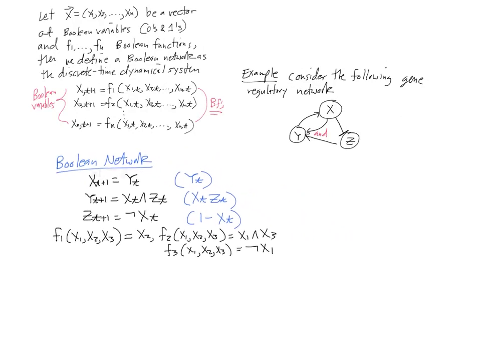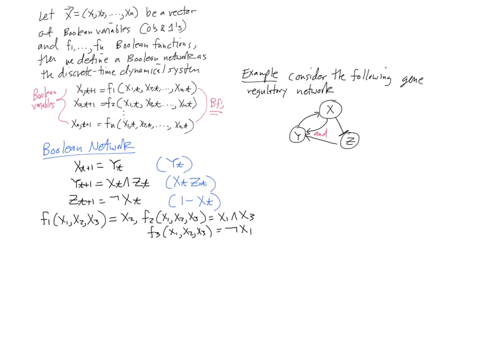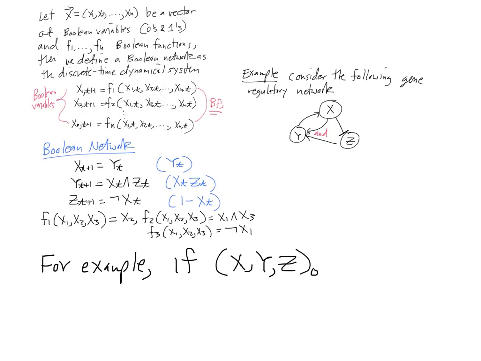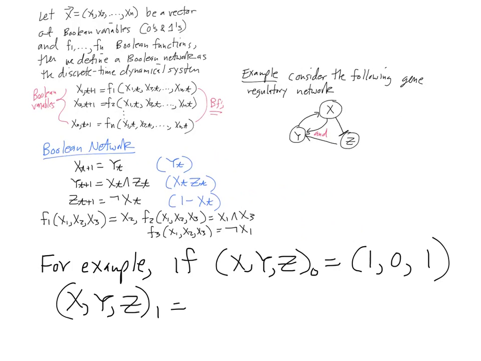So let's say, for example, if x, y, and z initially equaled 1, 0, and 1, then x, y, and z after one time period would be equal to, well, x needs y to be on, so since y is off here, x is going to be off in that time period.